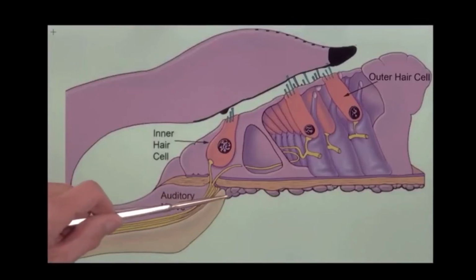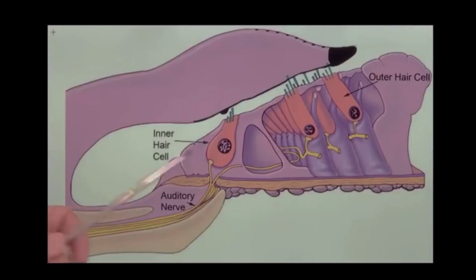And it is amplified by a similar movement of the basilar membrane, which also puts pressure on the stereocilia. So there are two mechanisms for the deformation of the stereocilia, the tectorial membrane and the basilar membrane.